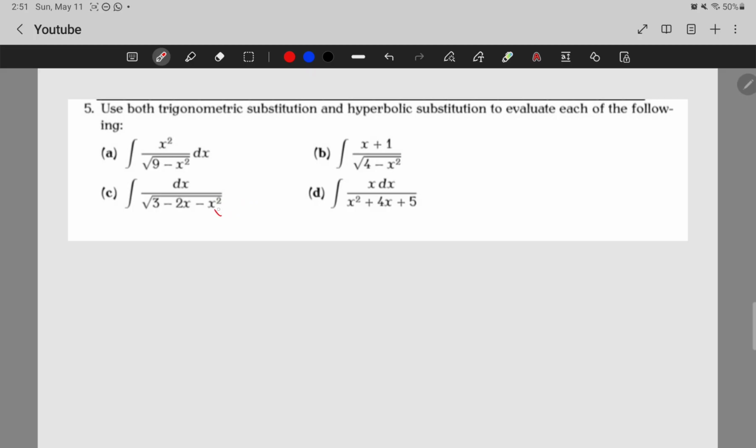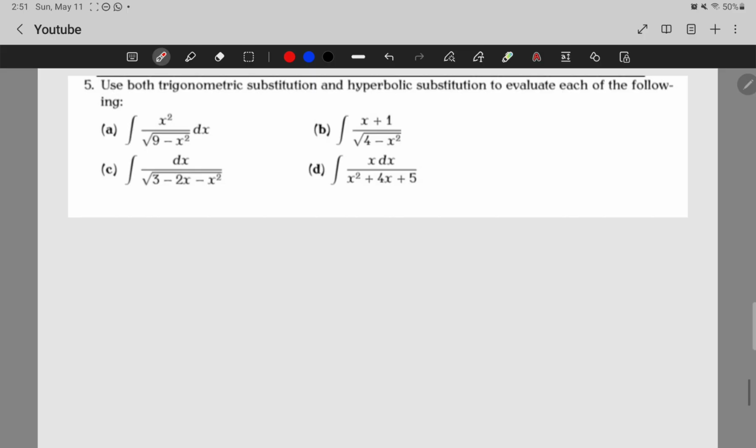Here, in the presence of that square root, you want to complete the square first to see if you can express it as either a squared minus x squared, or maybe as x squared minus a squared. If you have it in this form, which then matches either A or B there, you can then integrate it using a sine substitution or maybe a sec substitution. So let's try to complete the square and see what we end up with.